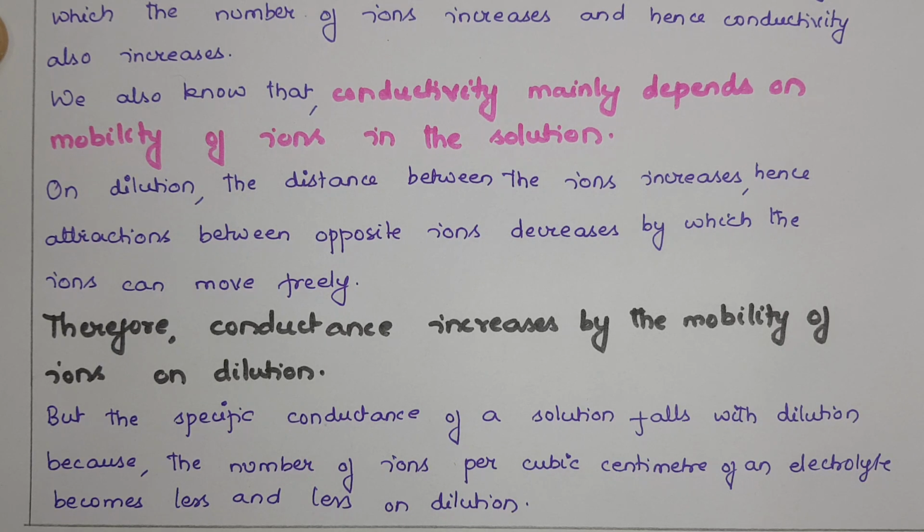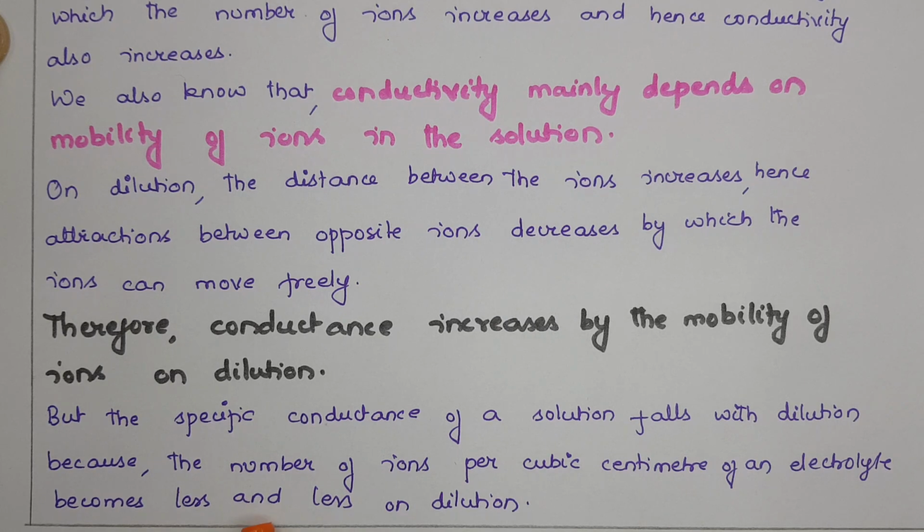What is the reason for this students? The number of ions per cubic centimeter of an electrolyte decreases more and more on dilution. Okay students, you should underline this point. The number of ions per cc of an electrolyte becomes less and less on dilution.